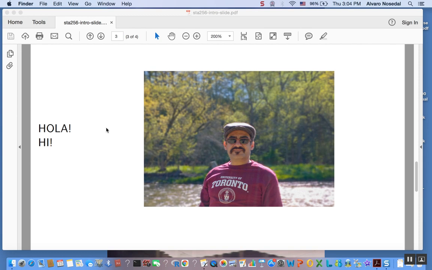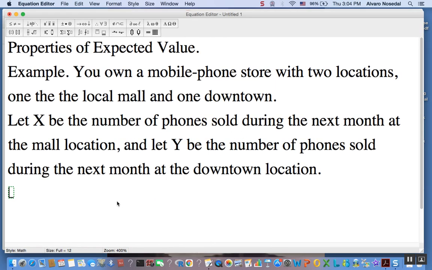So, consider the following situation. You own a mobile phone store. You have two locations, one of them at the local mall and another one downtown.